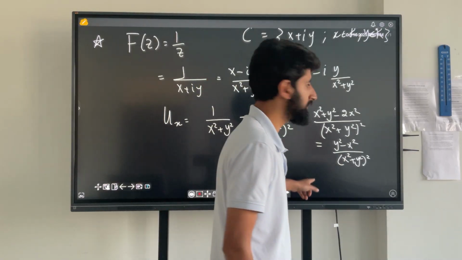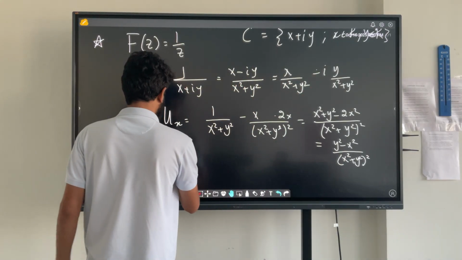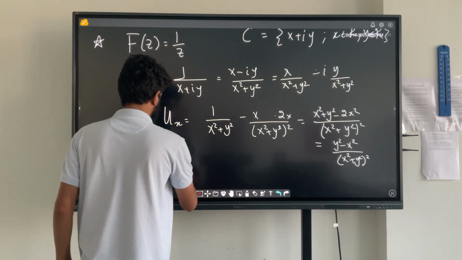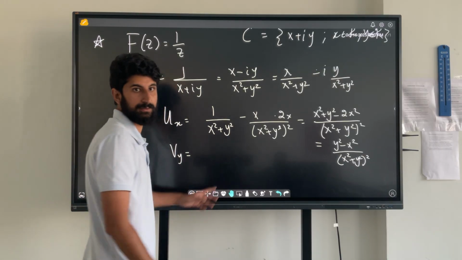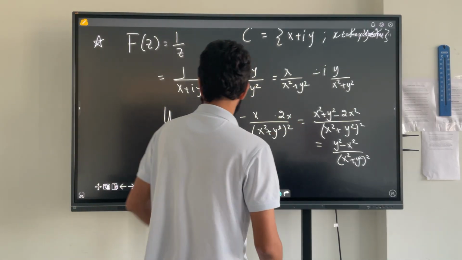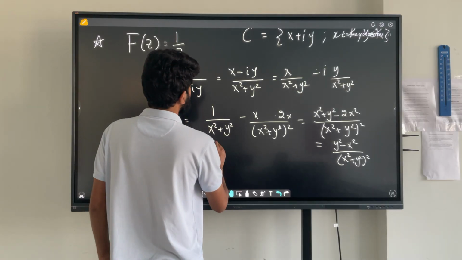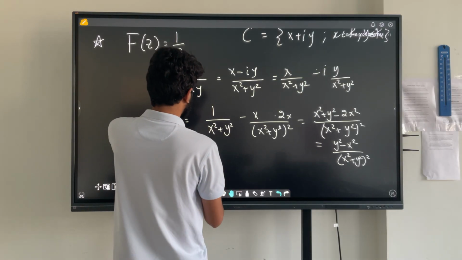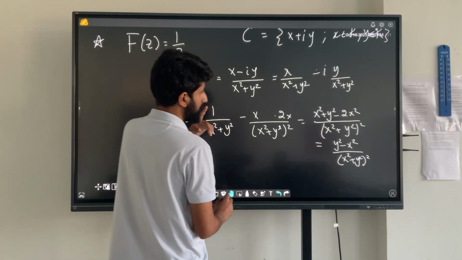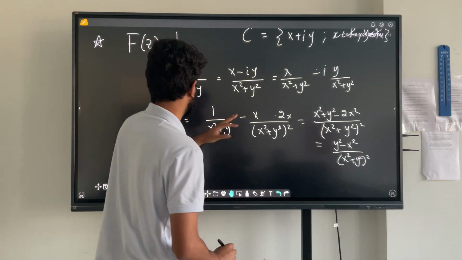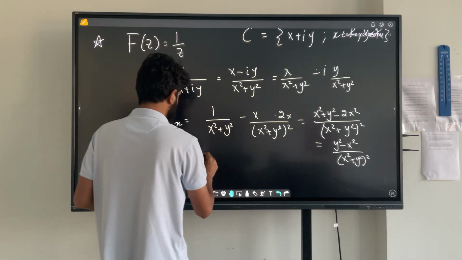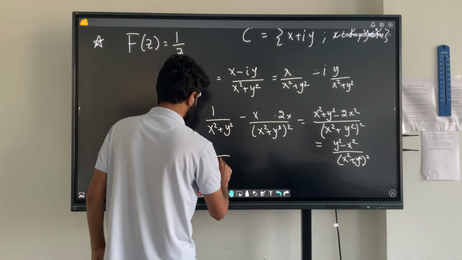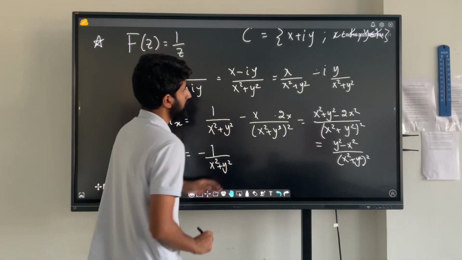Now what is the other thing we should check? vy. It is also fine. So what is vy? It is minus 1 over x square plus y square. I'm using product rule.